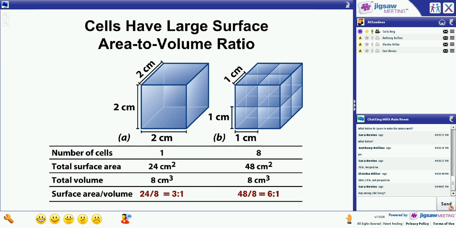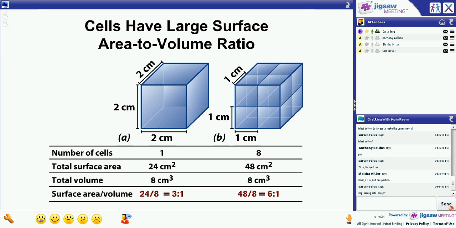Cells have a very large area to volume ratio, and it's because of their shape. This diagram looks at the area to volume ratio just a little bit.